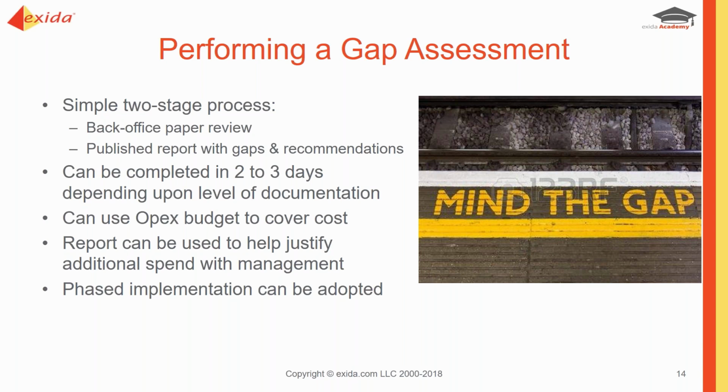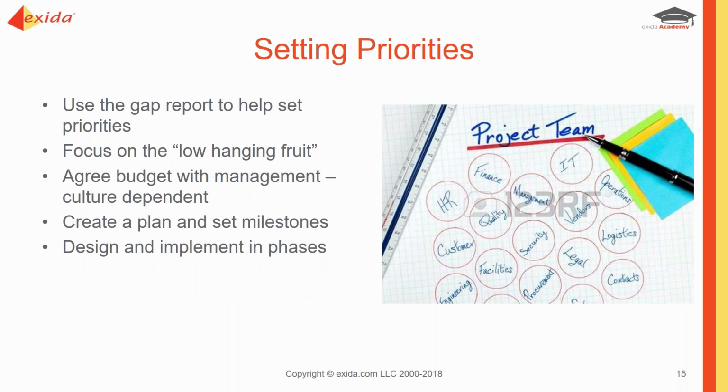And as I said, we can look at phasing it. So you could say, all right, we are going to make sure that within the next 18 months we're compliant. That's fine. Then you can look at what that requires within that 18-month time frame and budget for it. We can also then set priorities. So you can set the priorities based upon where are the significant gaps or the most important gaps that need to be fixed.